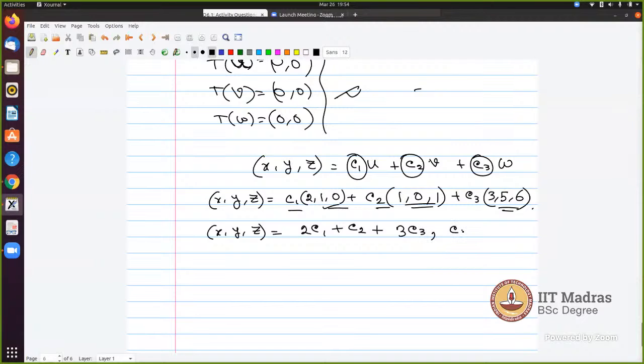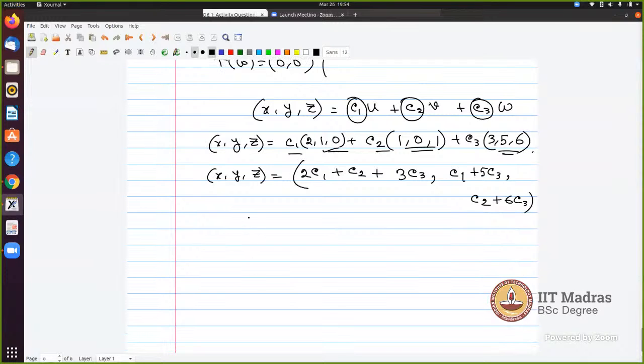So C1 plus 5C3 and C2 plus 6C3, right? All these are in terms of X, Y, Z, linear terms of X, Y, Z, right?